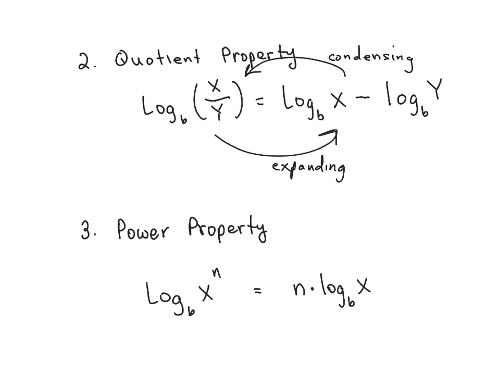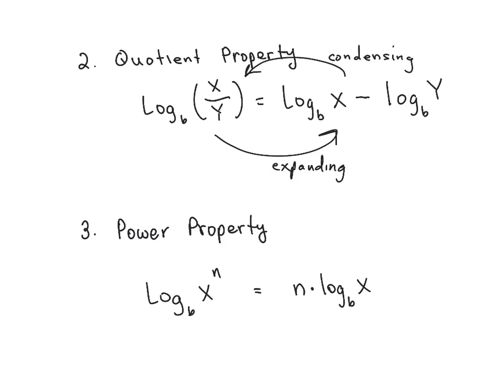Now the third one, and this is the final property we'll look at in this lesson, is called the power property. Now we're taking the logarithm of an exponential term, but the exponential term's base does not match the logarithm base. So this logarithm does not cancel the base of this exponential.